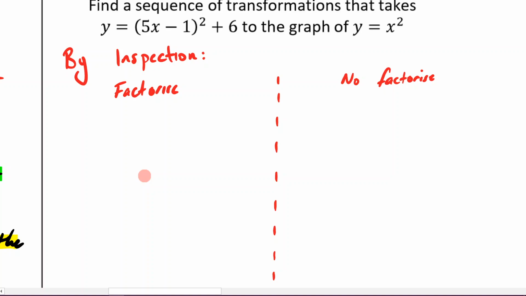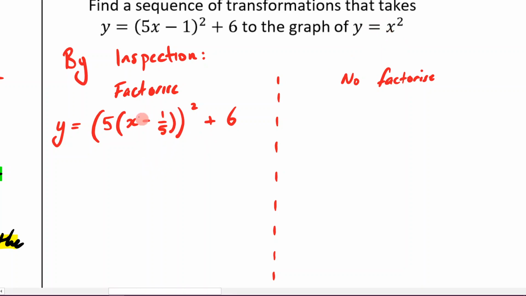All right, so if we were going to factorize it, we would start by writing out the factorized form. So I'm going to take out 5 here, and I'm going to be left with this. Now, what we're going to do is the reverse transformations to make it look like this.